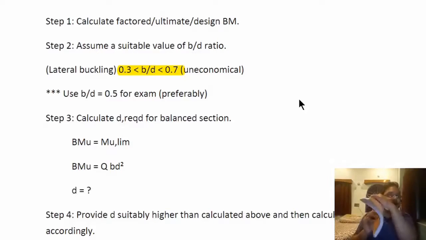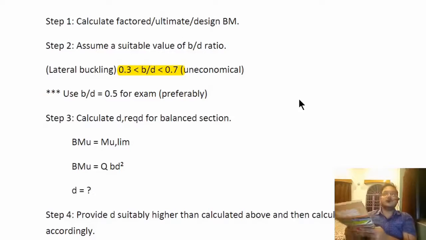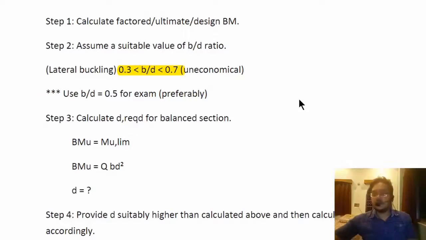Similarly, the same thing will happen for a beam whose B to D ratio is very small. See here, the breadth is very small compared to the depth. So with a very small B to D ratio, there will be a chance of lateral buckling, that is, buckling in the lateral dimension of that beam.